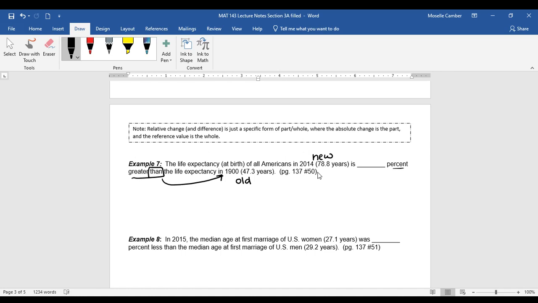So we want to find the percent. So we want the relative change. So we're going to do our new minus old divided by our old. So we have 78.8 minus our old, which is 47.3. We're going to divide that by 47.3.